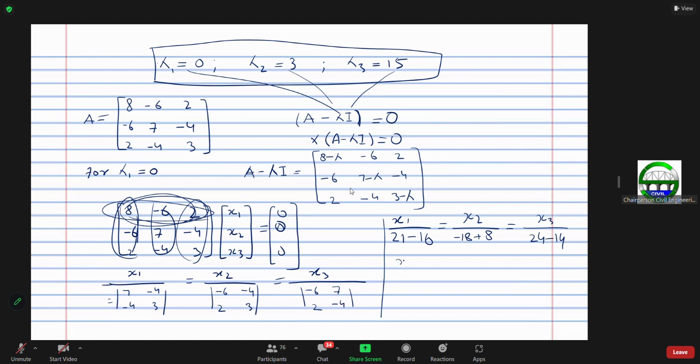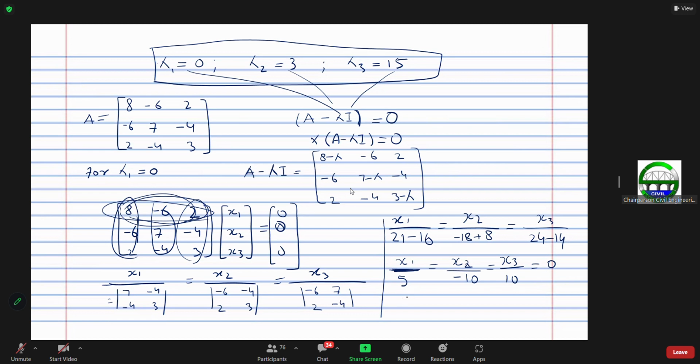Or we can say that x1 is equal to 5, x2 is equal to minus 10, x3 is equal to 0. So we can divide by 5 everywhere.